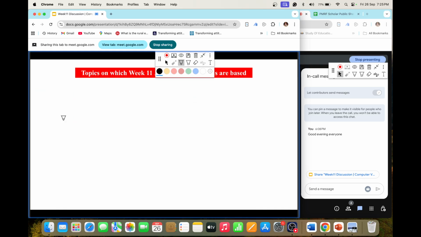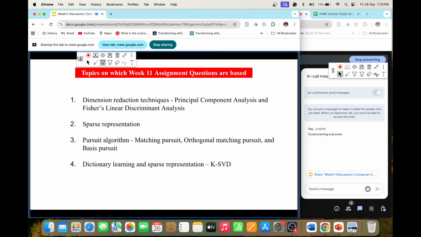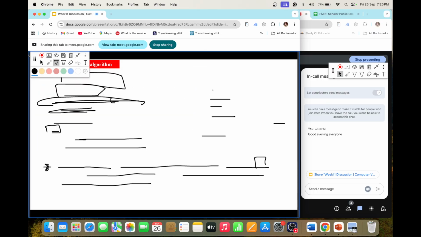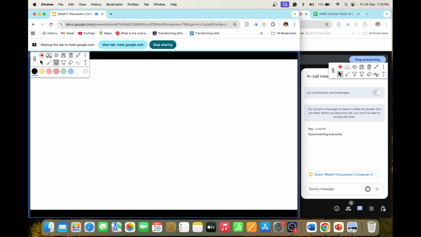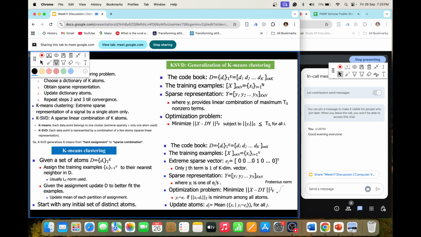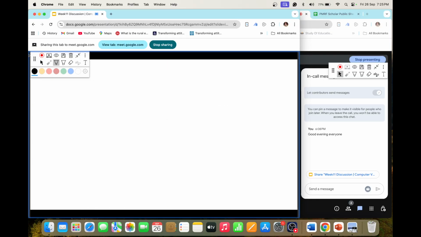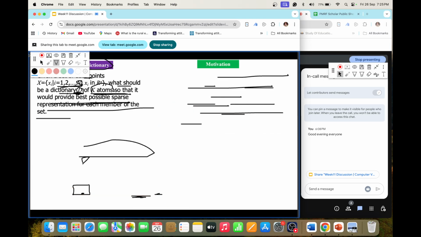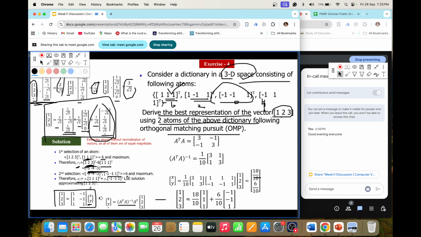So let's go into the question answers. All this is theory, so you can just read it. The questions you can encounter are on the OMP algorithm, and on how you project a data point onto different bases.